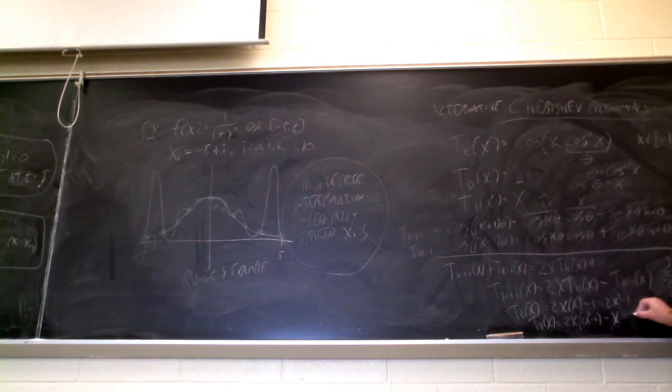If you simplify this, what would you get? Yeah, 4x cubed minus 2x, minus x, so 4x cubed minus 3x. Okay.